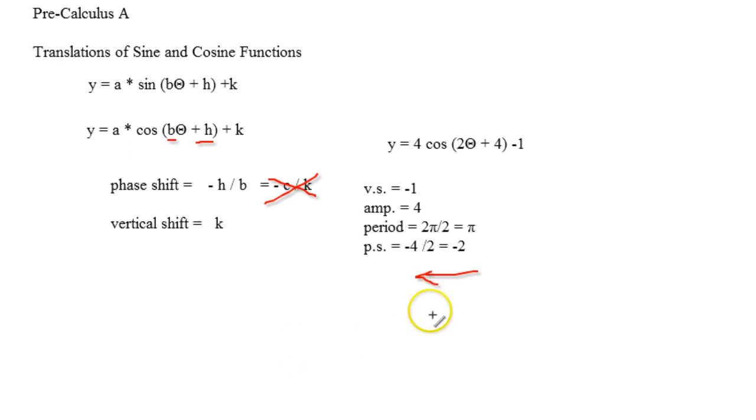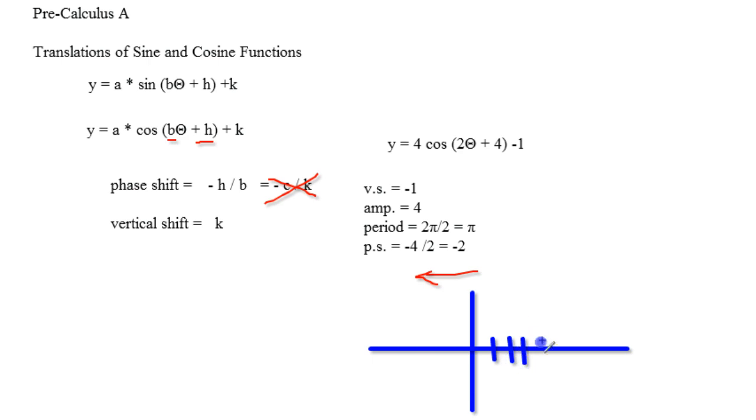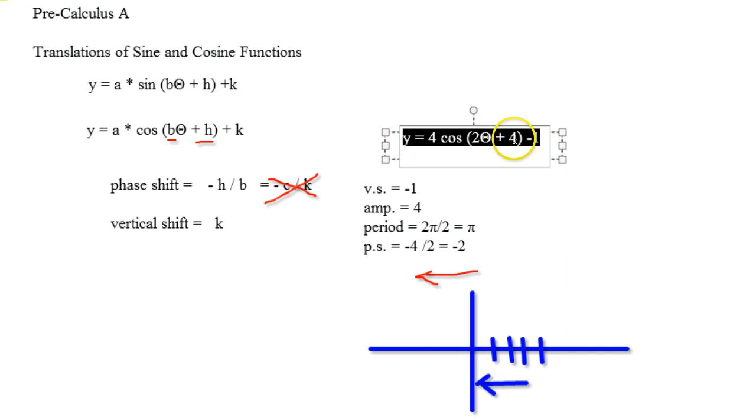So if I had to graph this by hand, everything that would normally appear over here on the right side would now be shifted over 2 units to the left. Now normally this number in here, I'm going to go back and change this because it should be, let's make this pi halves.